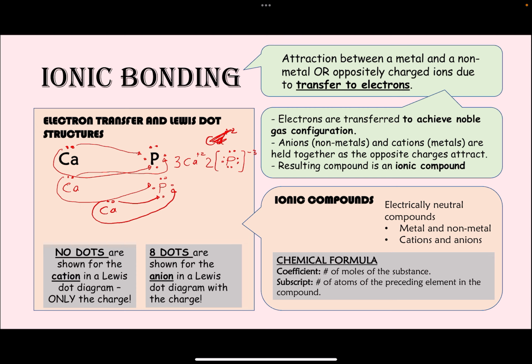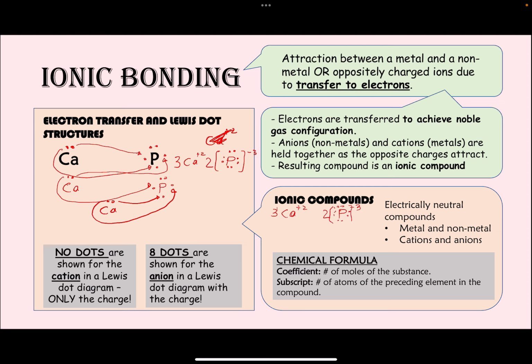If you look at your calcium and phosphorus, we have 3 calciums that have a charge of +2. And then we have 2 phosphorus that have a charge of -3. I should write the dots for now, just so you all don't get confused.